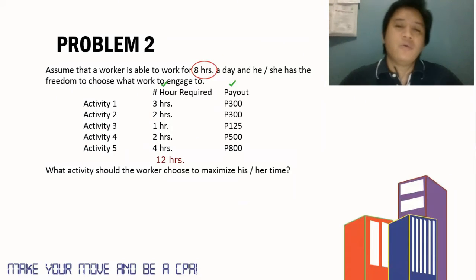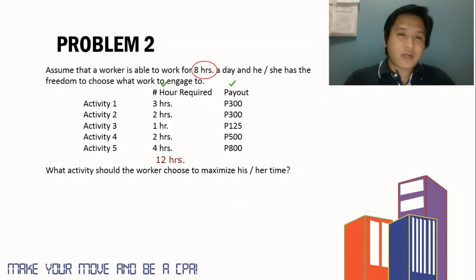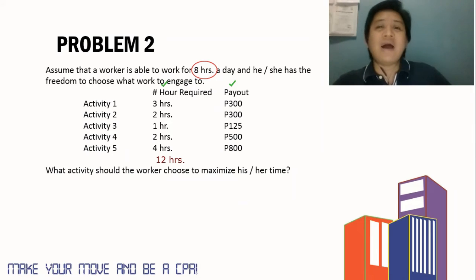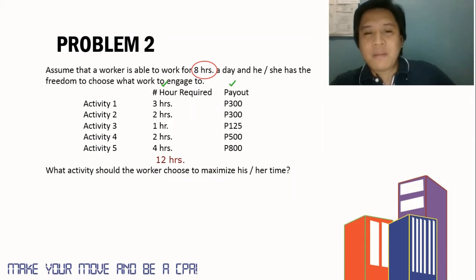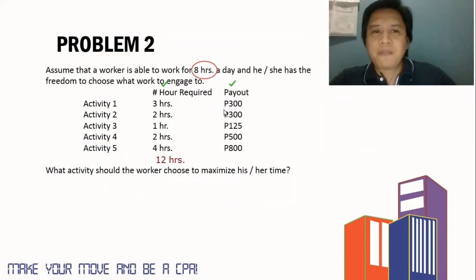So again, we are being given monetized value in form of the payout. Now, how will the worker maximize his 8 hours, so that he can gain the maximum amount that he can? Now, the procedure that we are going to use is very simple.